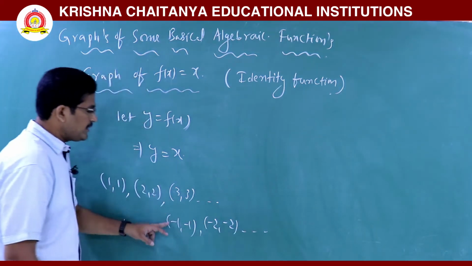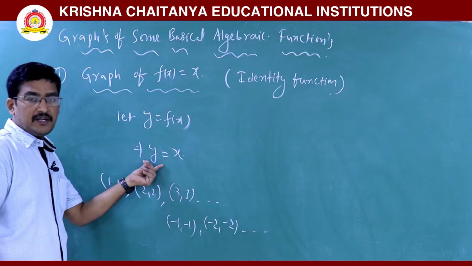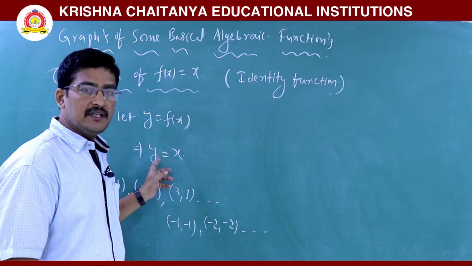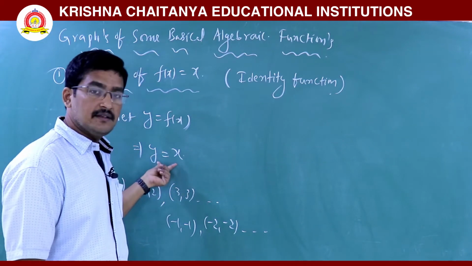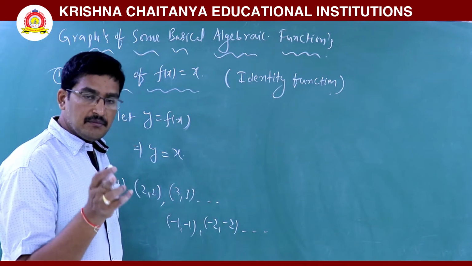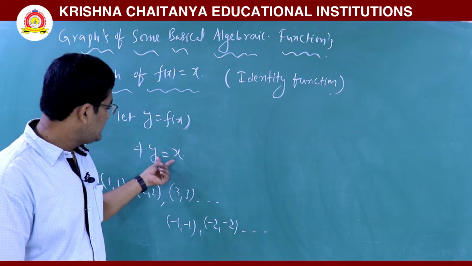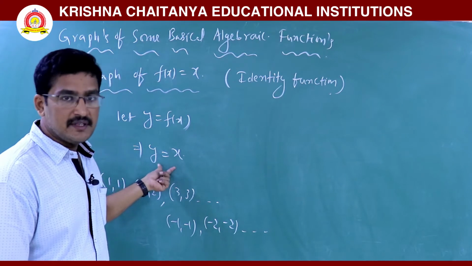These are all the points that lie along this line y equals x. Y equals x means x equals y in the ordered pair. The points on this line have the same abscissa and the same ordinate: 1, 1; 2, 2; 3, 3.